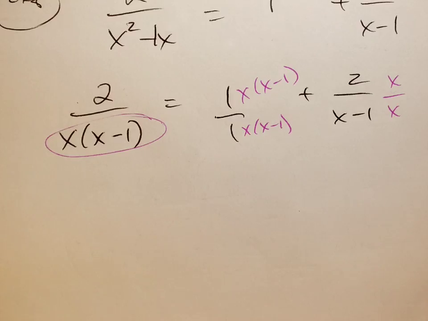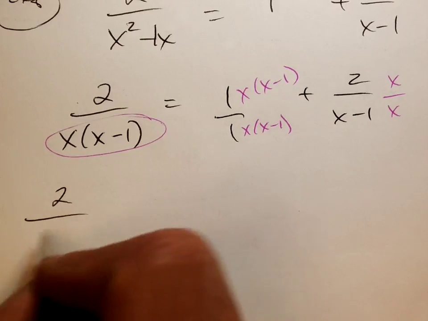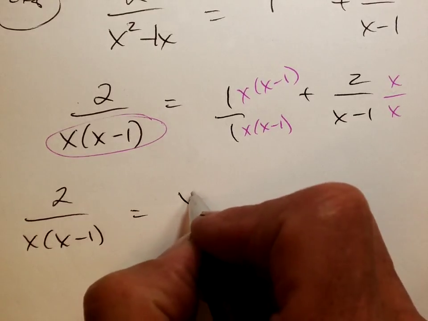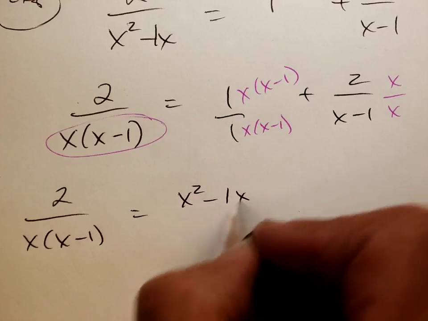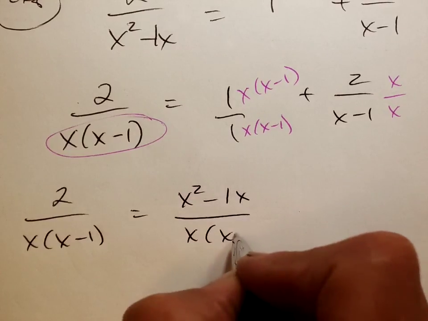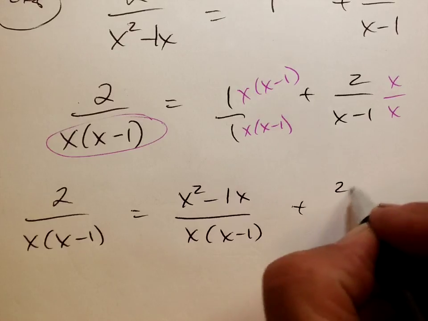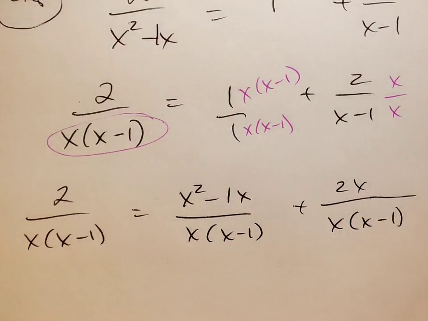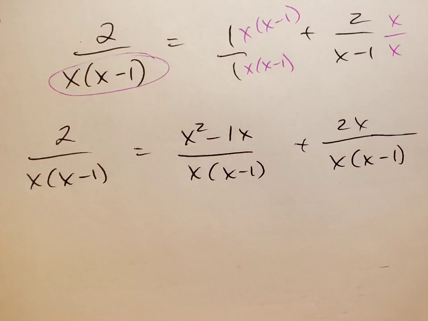So then I'm going to have 2 over x times x minus 1 equals x squared minus 1x over x times x minus 1 plus 2x over x times x minus 1, okay? Now, I'm going to point out something to you.